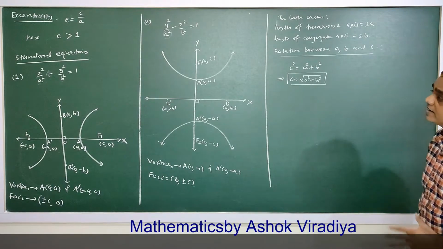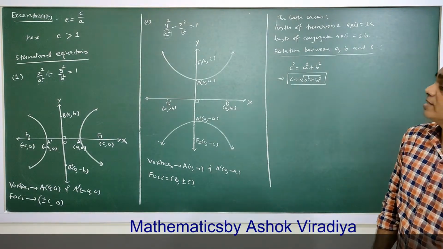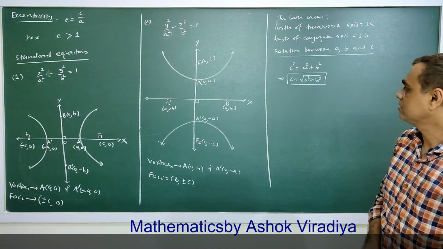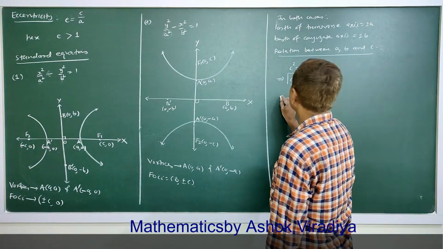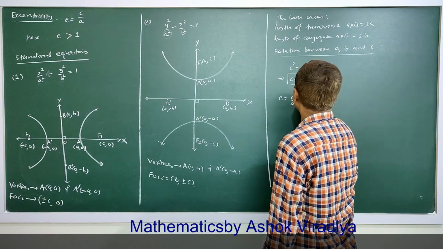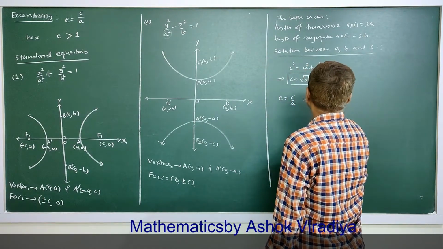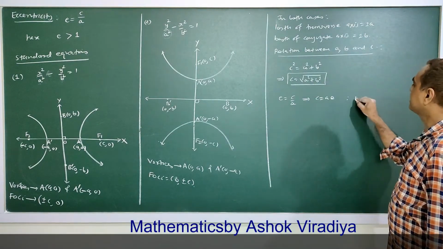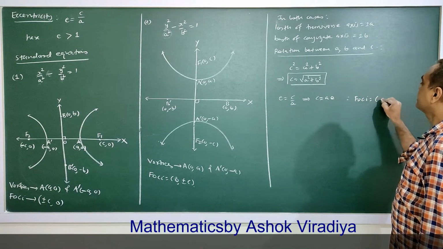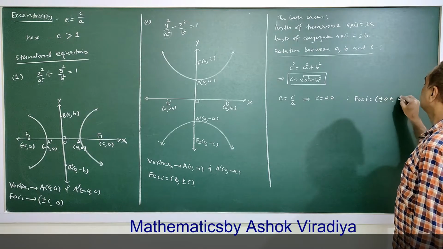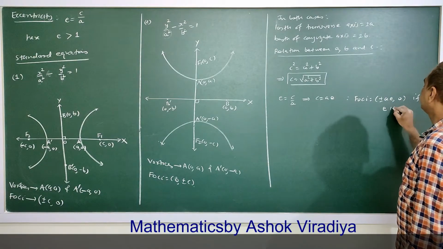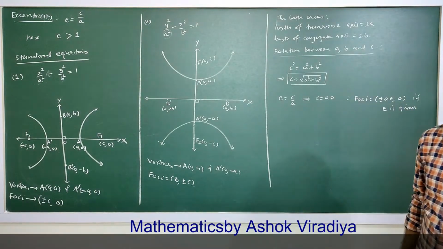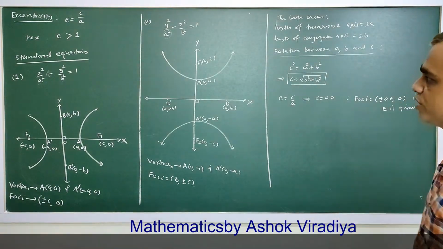And here we are taking C square equal to A square plus B square. Eccentricity E is C by A, that means C can also be taken as A into E. So foci we can also take as (plus minus AE, 0) if E is given. If eccentricity is given, foci can also be calculated by this formula.